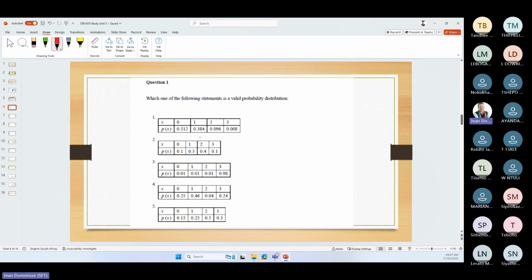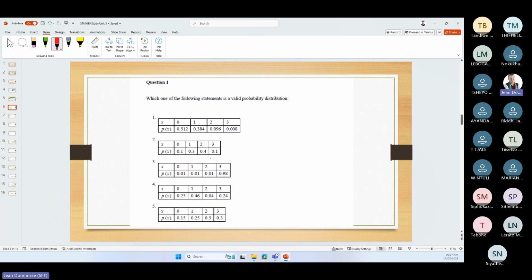Things that will make it valid: each individual probability can be anything from 0 to 1, and then if one adds all of that, the sum of the probabilities must equal 1.